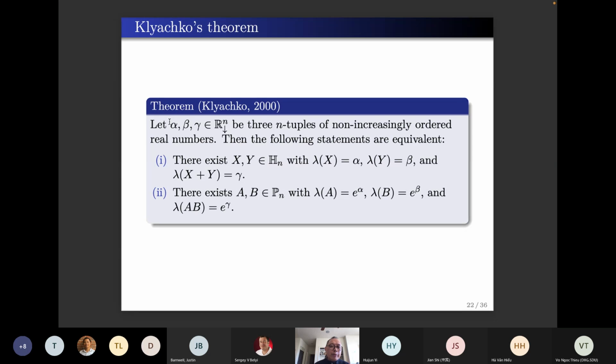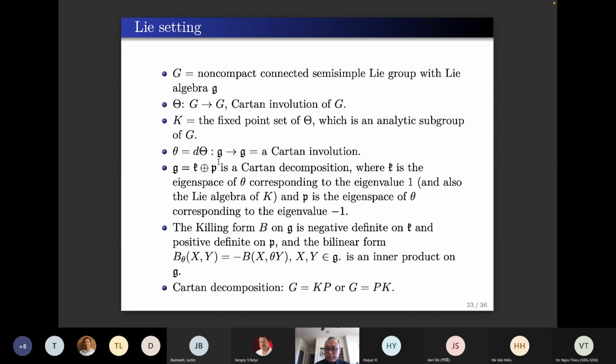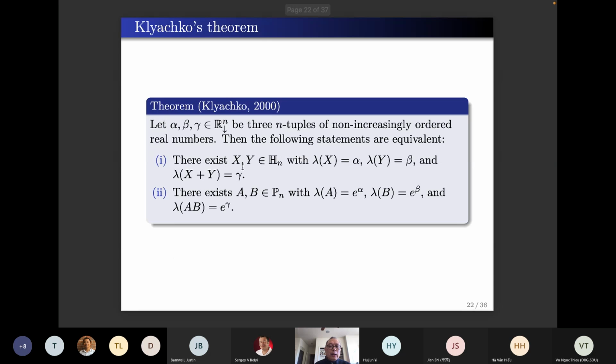So you start with alpha, beta, gamma in R^n in descending order, that is, the entries of each vector are arranged in descending order. Then the following statements are equivalent. There exist X, Y in HN, where lambda denotes the eigenvalues, such that the eigenvalues of X are alpha, the eigenvalues of Y are beta, and the eigenvalues of X plus Y are gamma.